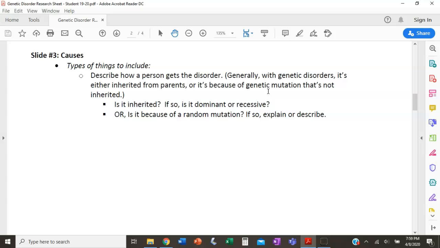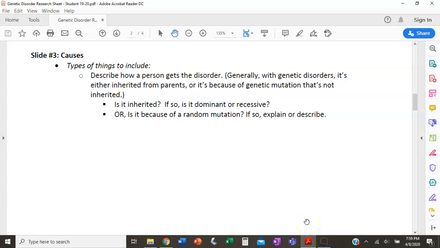Does it happen later on? Which means that it's not necessarily inherited. Sometimes it's a combination. If it's inherited, is it dominant or recessive? Is it a random mutation? Then describe. If you can find out what chromosome or what gene is mutated, a lot of times it's several different genes.